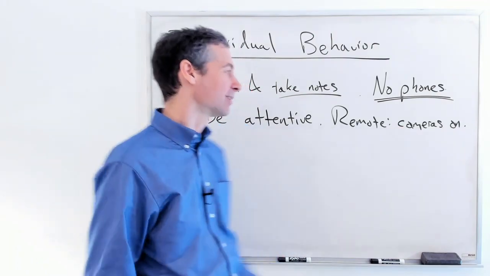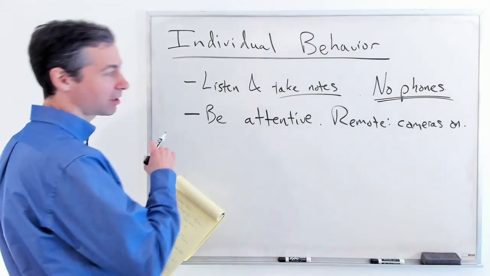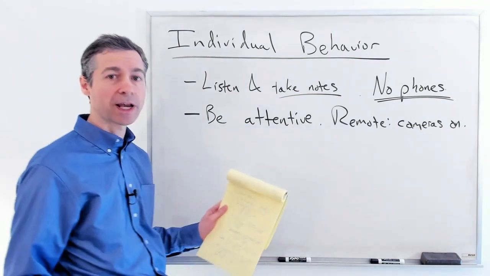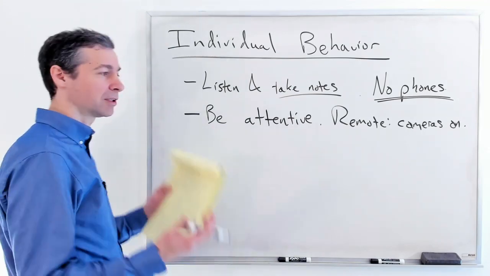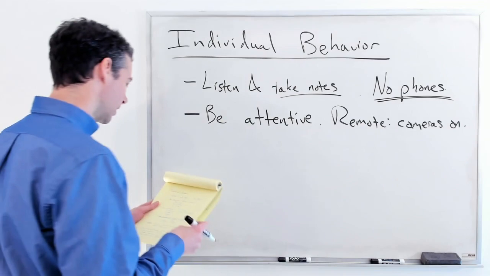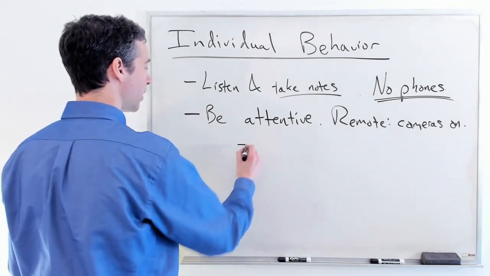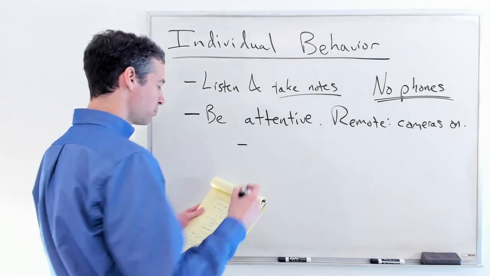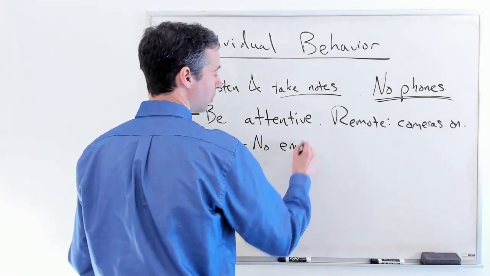Camera's on, all right? Your client is most likely going to be watching you in gallery mode, seeing everyone. It's going to be obvious if you're busy doing other stuff. So get your cameras on. That's your biggest way to show that you're attentive. In person, it's really important, and it's important remotely as well.